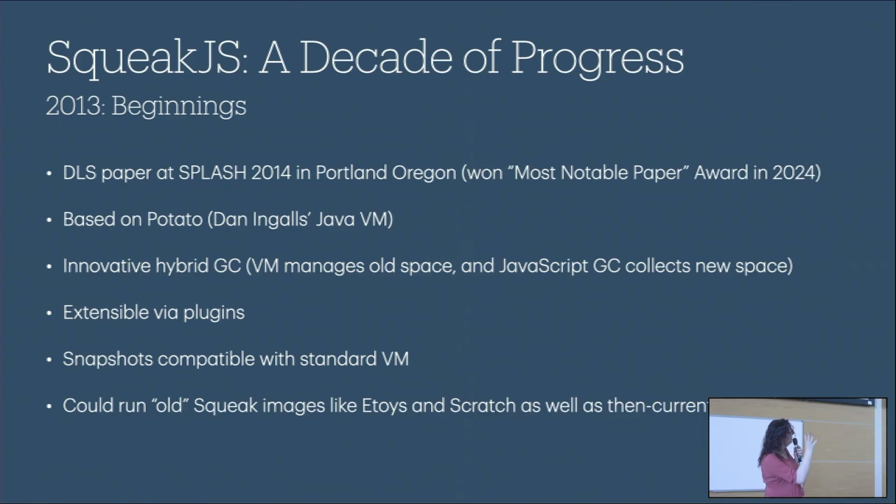So I'm not going to go into the details here because you can read that in the original paper from 2014, which actually won last year's most notable paper award for papers that came out 10 years ago. So it was apparently quite influential in some thinking.